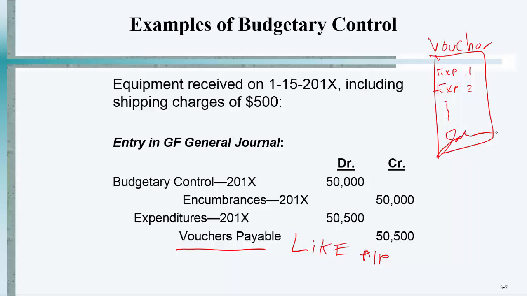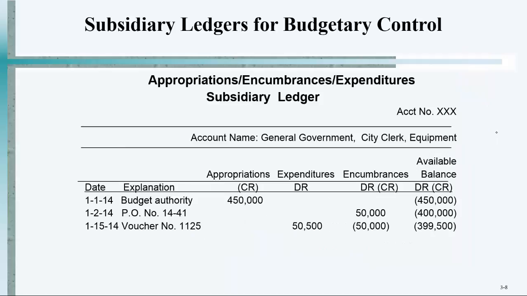We sit here, that's our vouchers payable, but we set up the expenditures, the important thing here, for what? For the actual amount, didn't we? Now how did this help us to accomplish budgetary control? Well, now we have an appropriations ledger. When we first put in the appropriation, we credited it, didn't we?